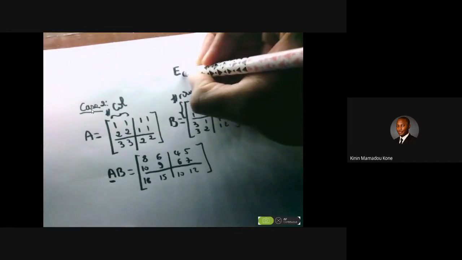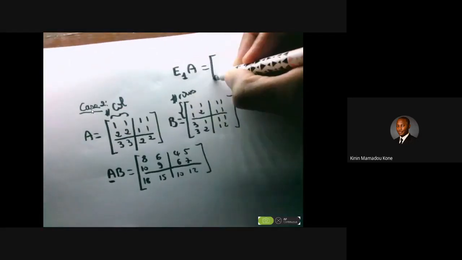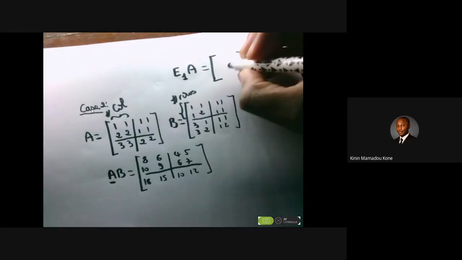If you remember when we had elementary operations like E1 applied to a matrix, that affected the rows of the matrix.